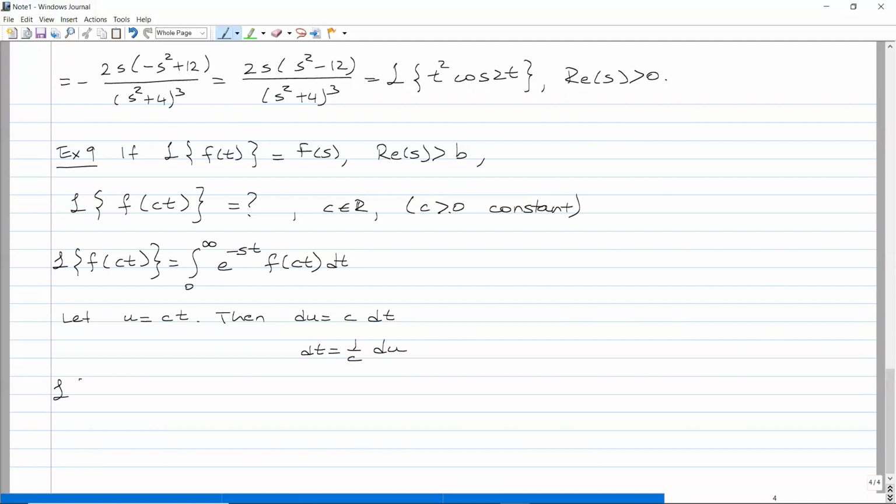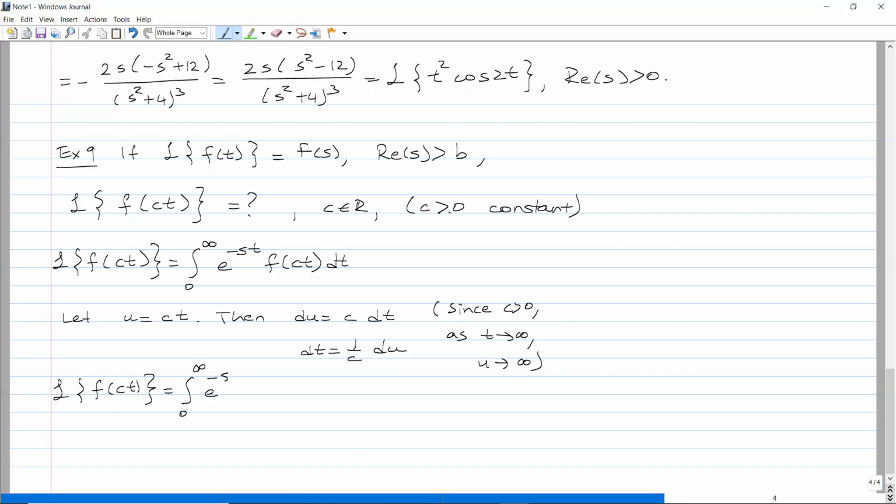So the integral then becomes, when t is 0, u is also 0. And when t goes to infinity, oh, okay, that's why we take c positive. Since c is positive, as t goes to infinity, u also goes to infinity. So again, the integral is from 0 to infinity.